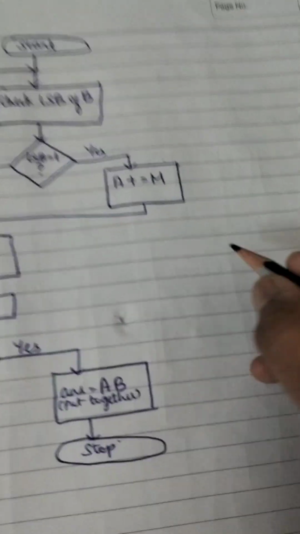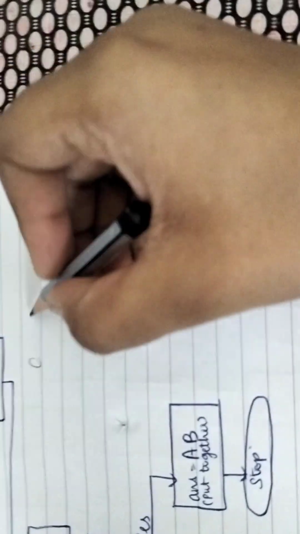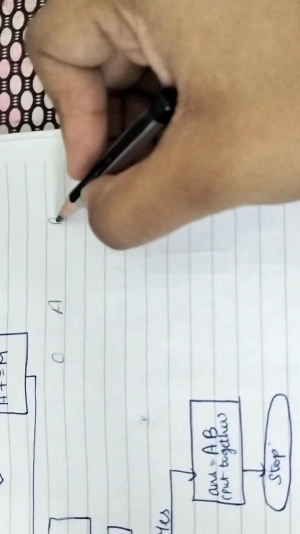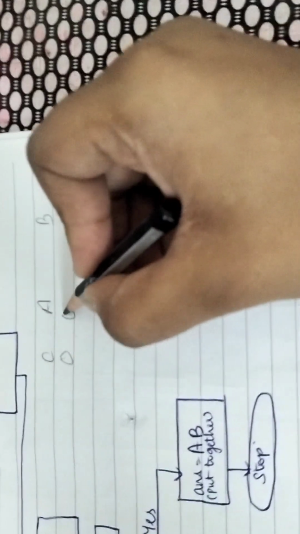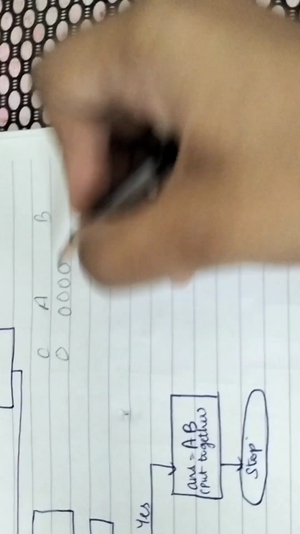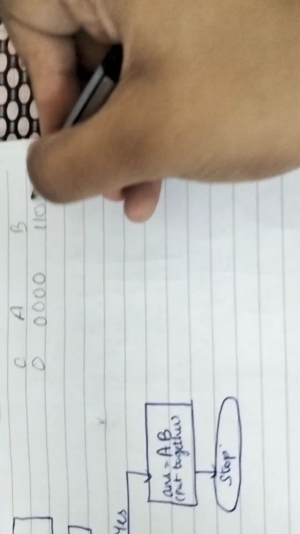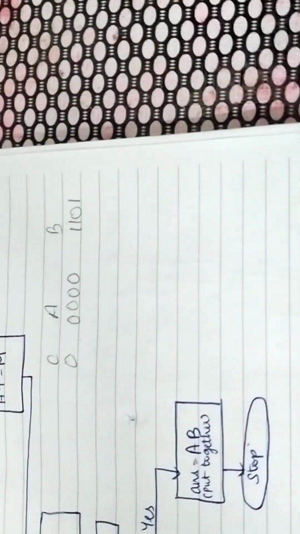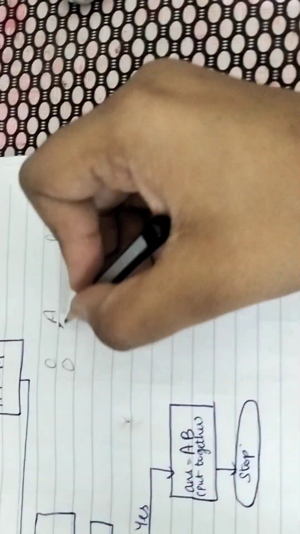So let us say, for example, we had these values: C, A, B. C is going to be initially 0. A is also 0000. Let us say this is B, or let's have a non-zero value for A also. Let us say, for example, let's consider this is our CAB at some step.